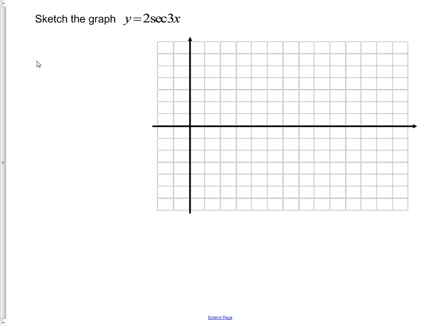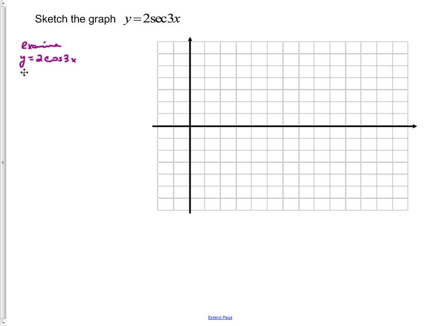Here's the way I'm thinking about it. Let's just examine what the function y equals 2 cosine of 3x would look like. We'll just do it through at least one cycle, and then if we have more room, we'll put in more cycles so that we can see it.